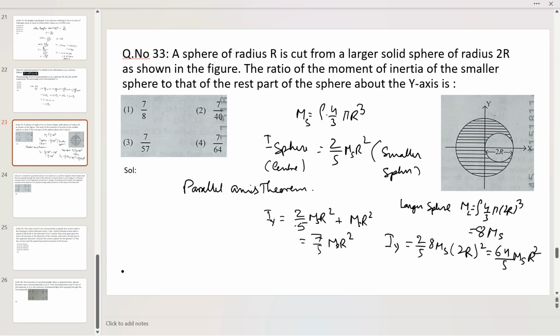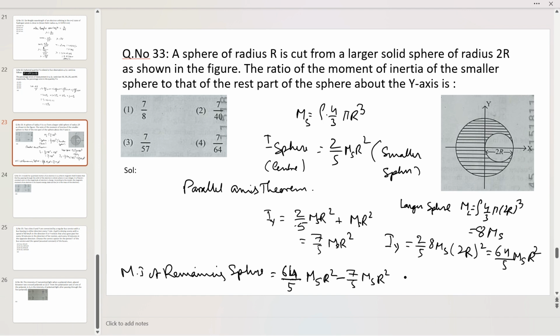So the moment of inertia of the remaining sphere will be equal to 64 by 5 ms r square minus 7 by 5 ms r square for the smaller one.